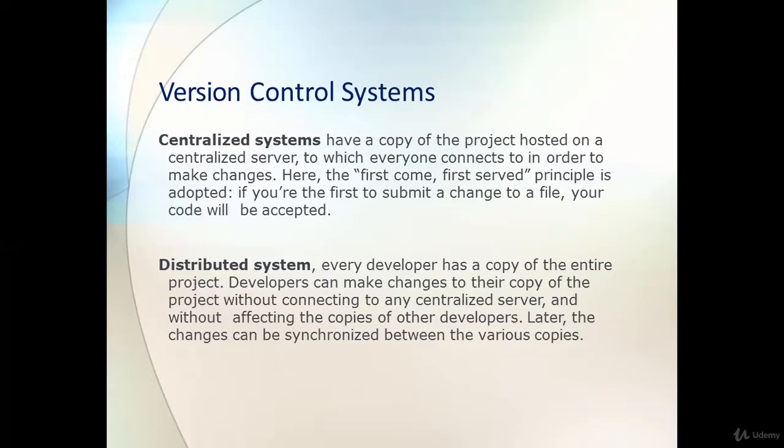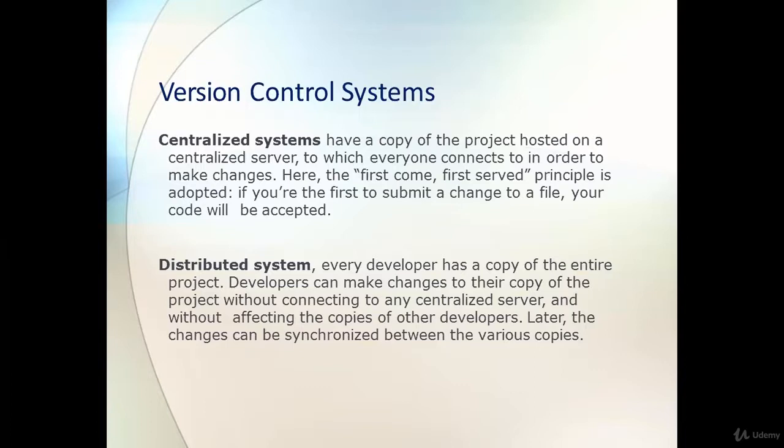There are two major categories of version control system. The first is centralized system and the second is distributed system. Centralized systems have the project copy located on a single server which can be accessed by all the team.